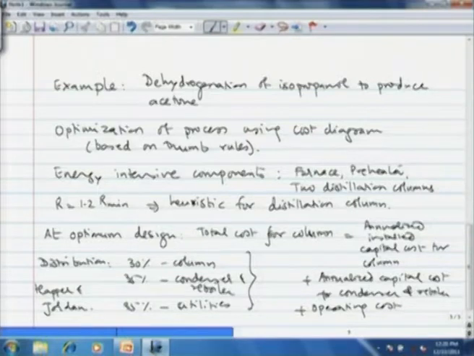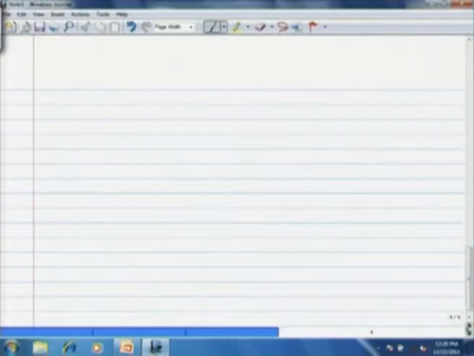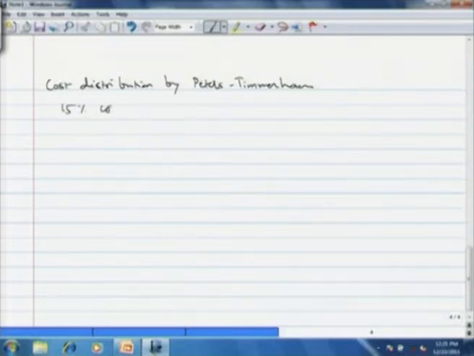In some cases, like the cost analysis done by Peters and Timmerhaus, the cost distribution is typically 15% for the column, 10% for condenser and reboiler, and 75% for utilities.